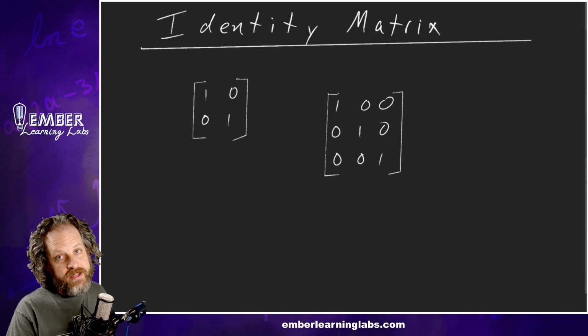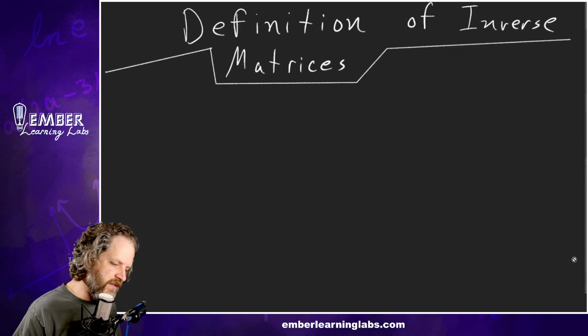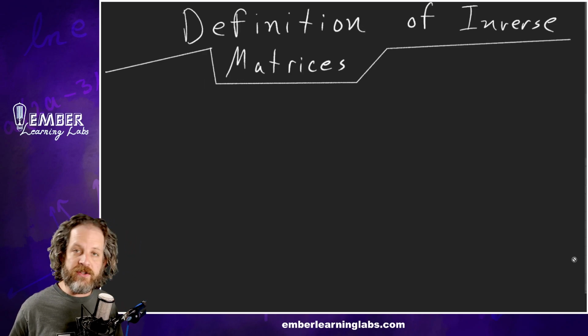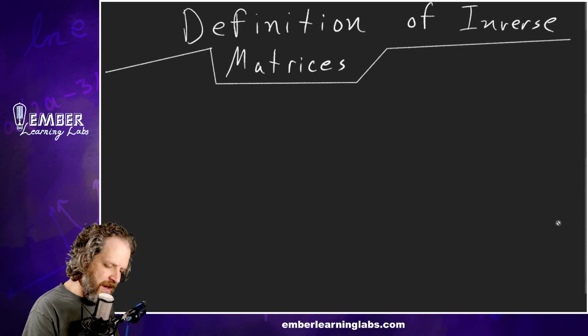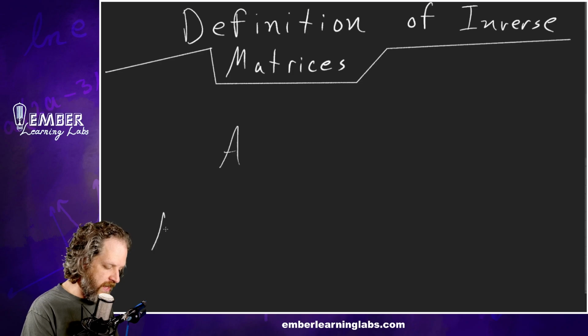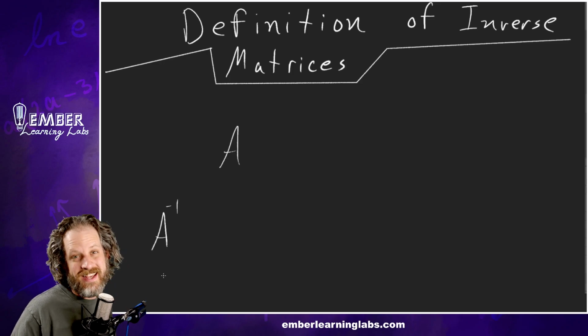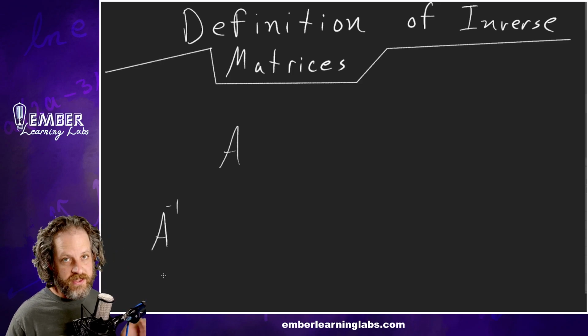So what does that have to do with inverses? Definition of an inverse matrix. If we have a matrix A, its inverse, we write with this symbol, like A to the -1, but it's not actually to the -1. It's kind of like inverse sine and cosine if you saw that in geometry.